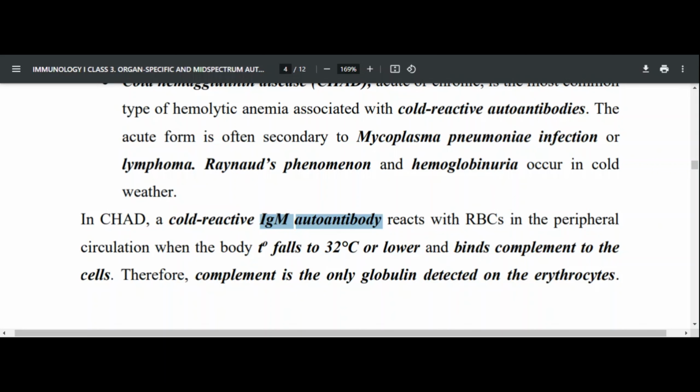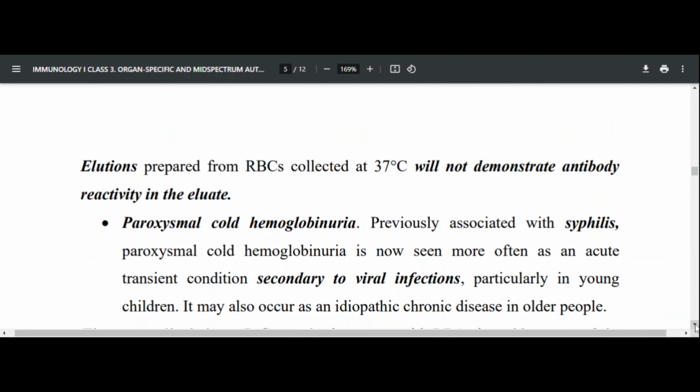So we can't detect IgM, but we can detect complements, because complement will still be reacting at 37 degrees. That's the difference between cold and warm autoimmune disorders. As you can see, if we collect a blood sample at 37 degrees, we cannot demonstrate antibodies at this temperature, so we can only demonstrate complement proteins.